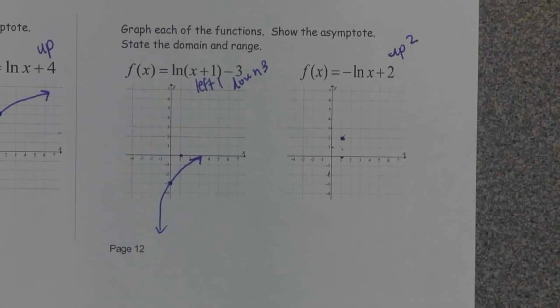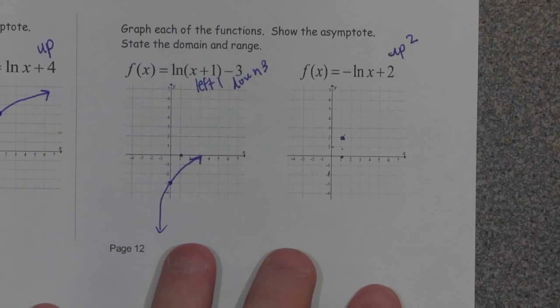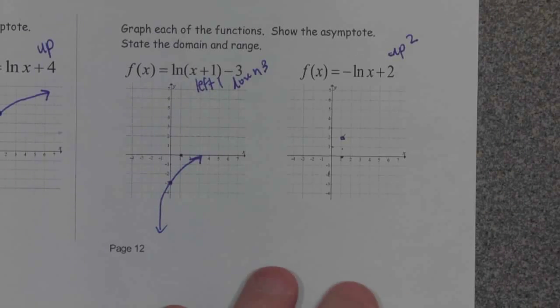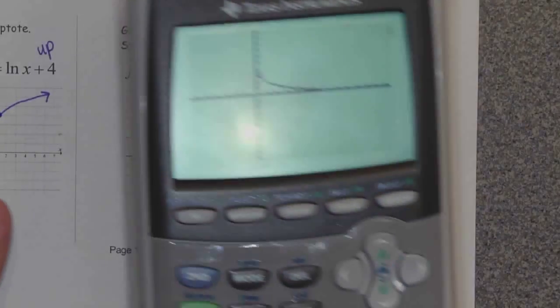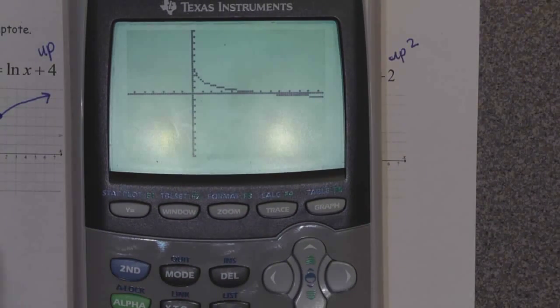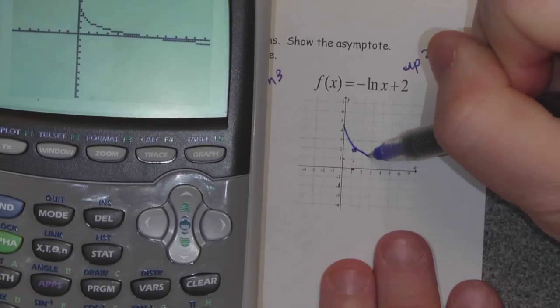Here, I'm going to just graph it for you on the graphing calculator so you can see what it does. Negative ln of x plus 2. It comes down through that point instead of up through that point. So you're just like this.